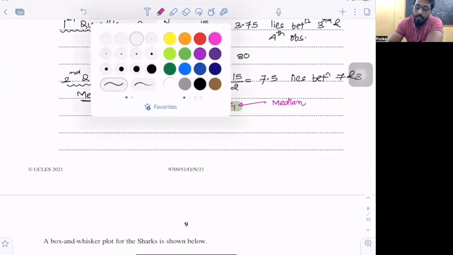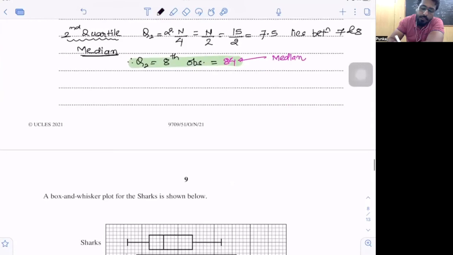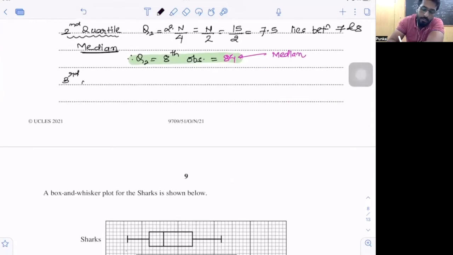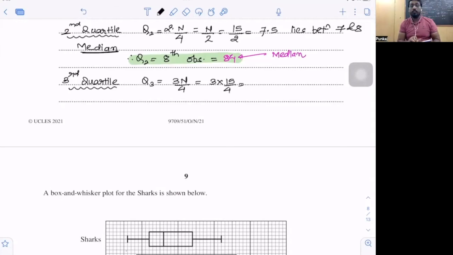Now let's very quickly get the third part as well. The third part means the third quartile. Let's get the third quartile. So that's Q3. It's going to be 3 times n over 4. So that's 3 times n, which was 15, divided by 4. I already had the value of 15 upon 4. It was 3.75.